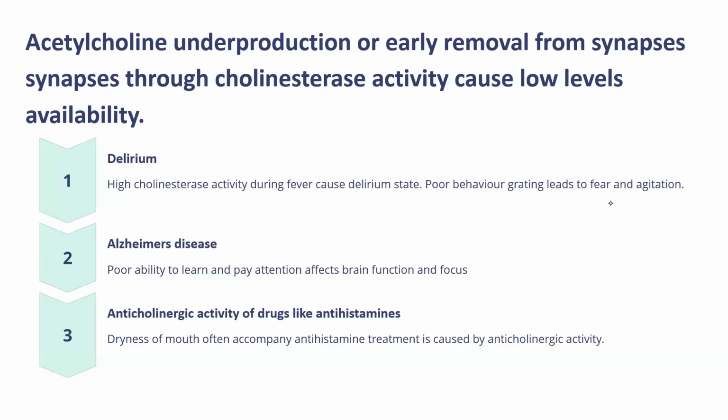Second, commonly presented low acetylcholine is in the form of Alzheimer's disease, where there is a poor ability to learn and pay attention, and it affects brain function and focus. Third, anticholinergic activity is seen through drugs like antihistamines. They cause dryness of mouth, which is often a sign of low acetylcholine.